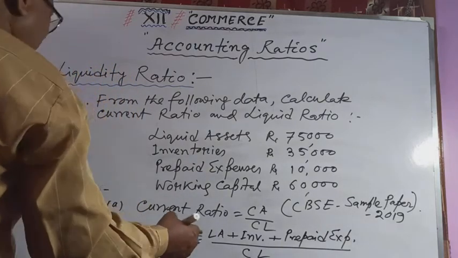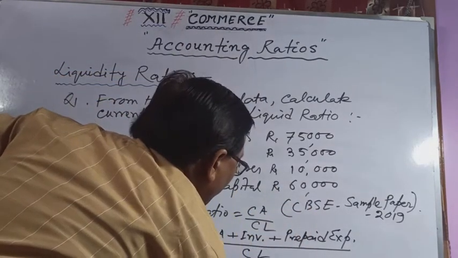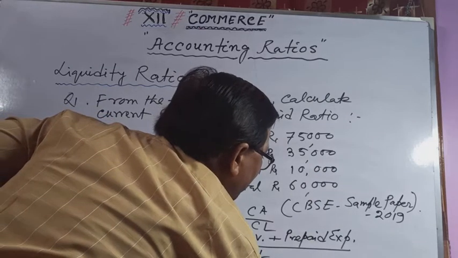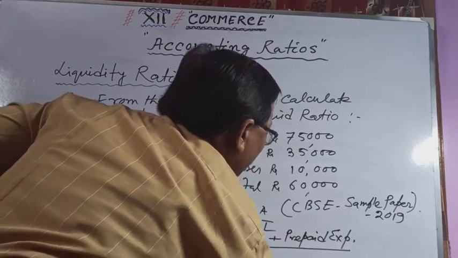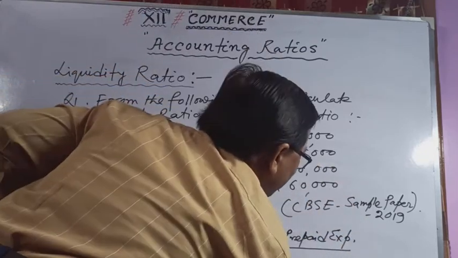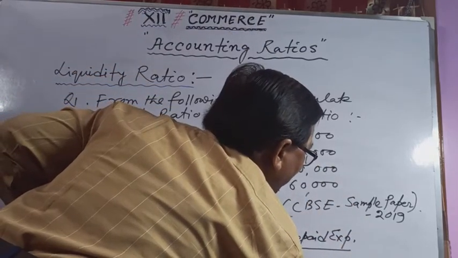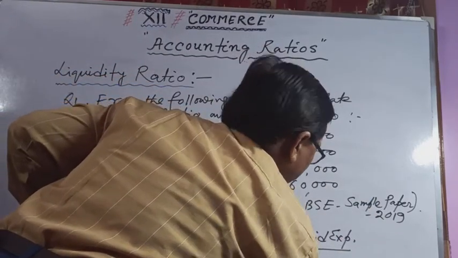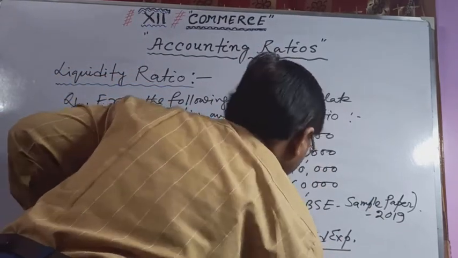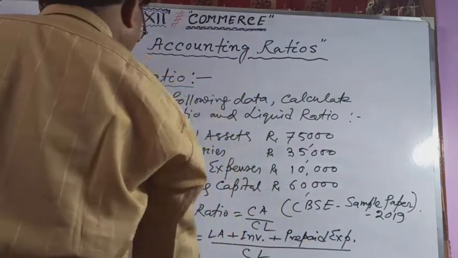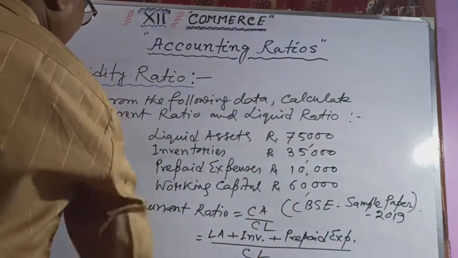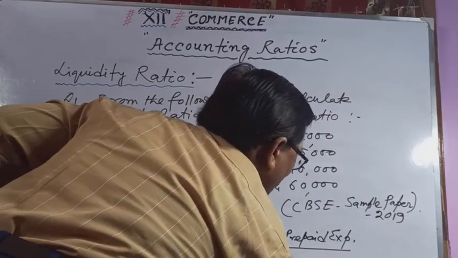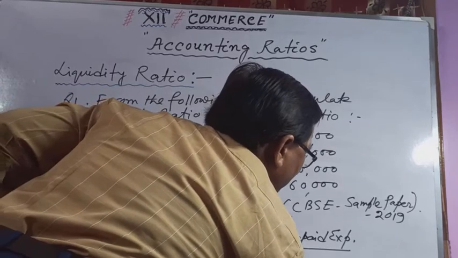Now here total, this amount equal to 75,000 plus inventories 35,000 plus 10,000 by CL. But CL you will find out, CL equal to CA minus working capital.